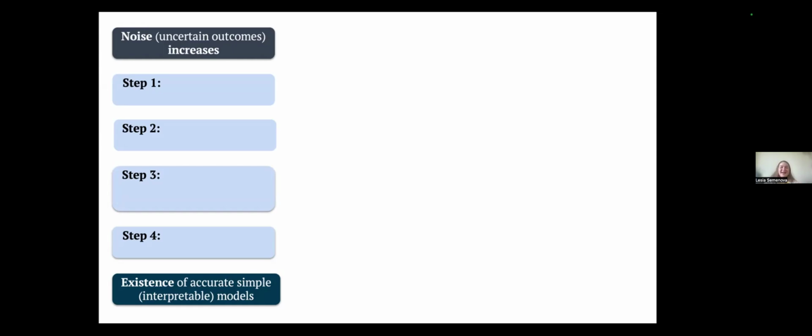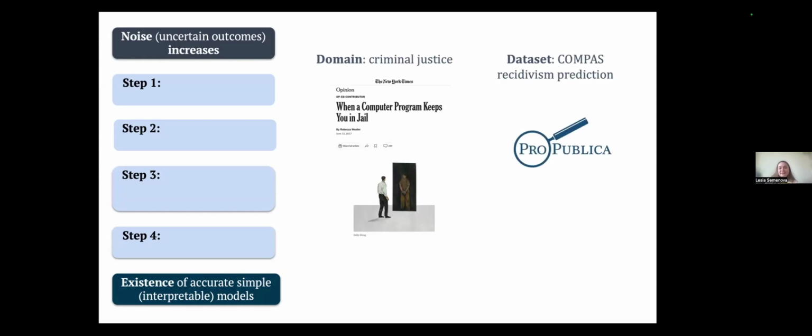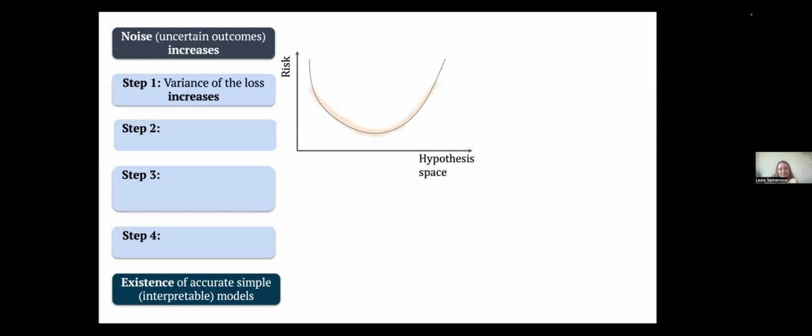Alongside this path, I will illustrate some points with a data set, and I will use the COMPAS data set from the criminal justice domain. In the first step of this path, what happens as you have more uncertainty of the outcomes is that the variance of the loss increases.